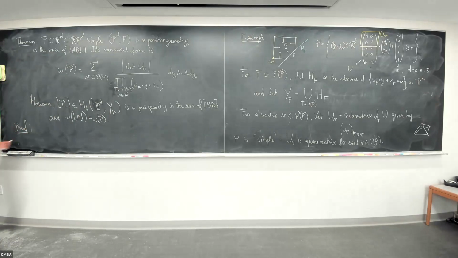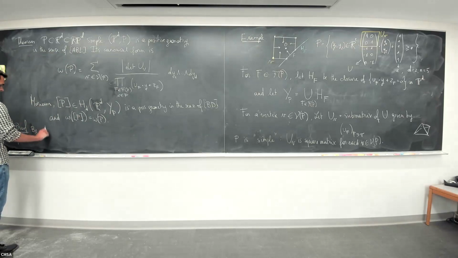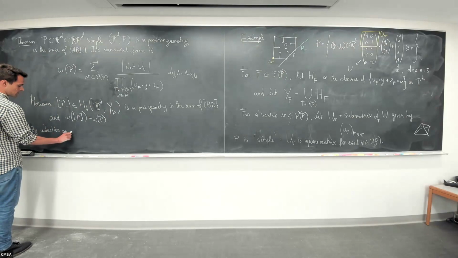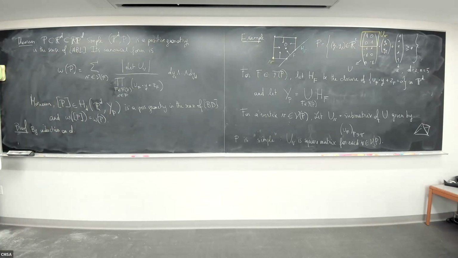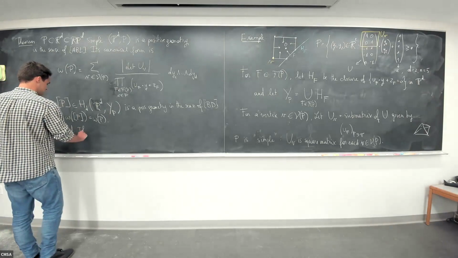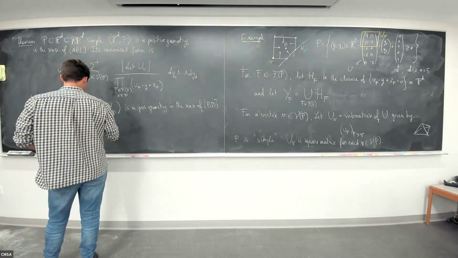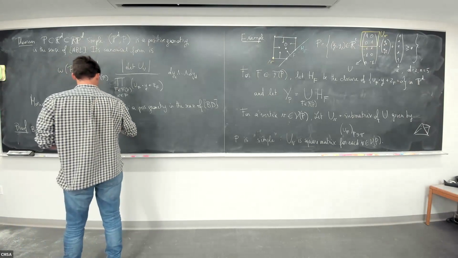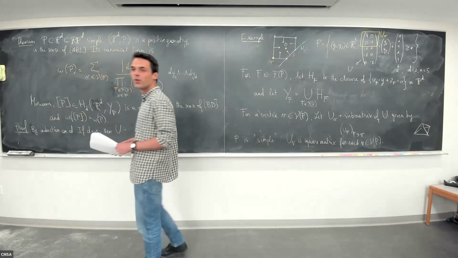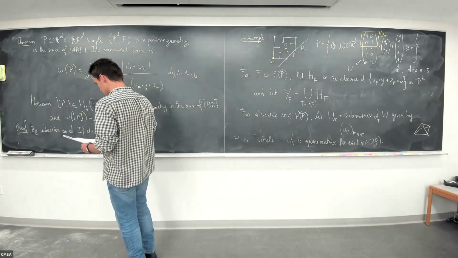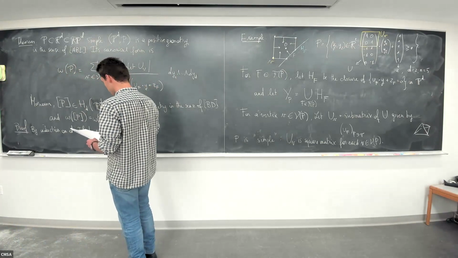The proof is by induction on the dimension. The base case is D is 1. If D is 1, then there exists essentially only one one-dimensional polytope, and it's the line segment AB.